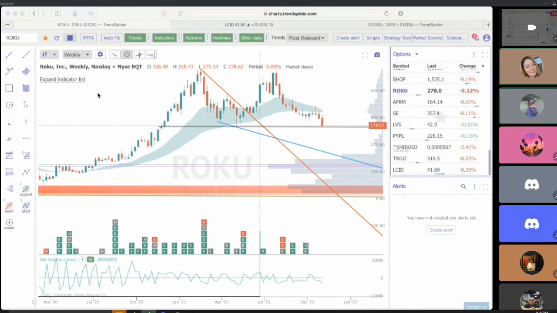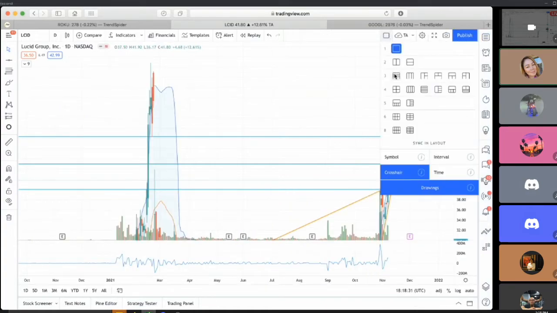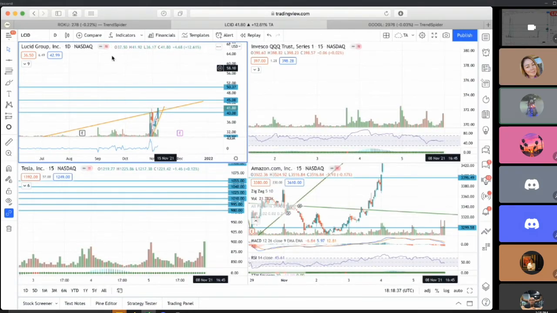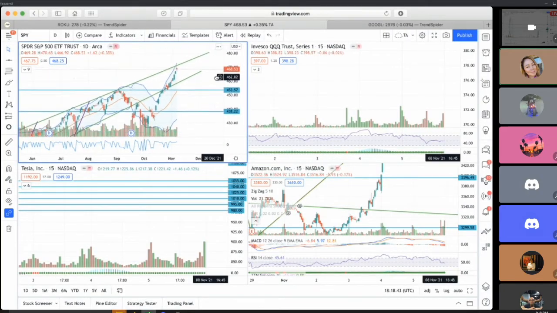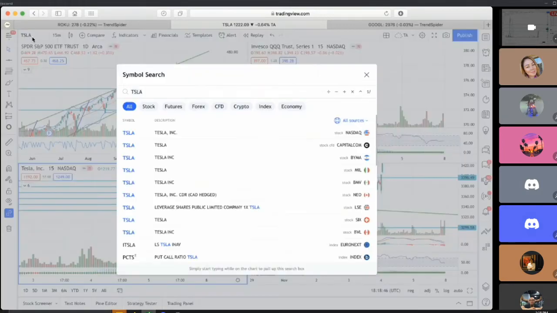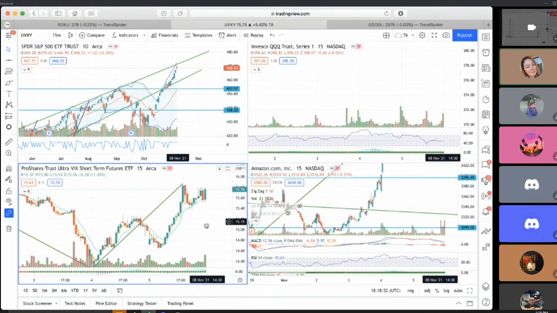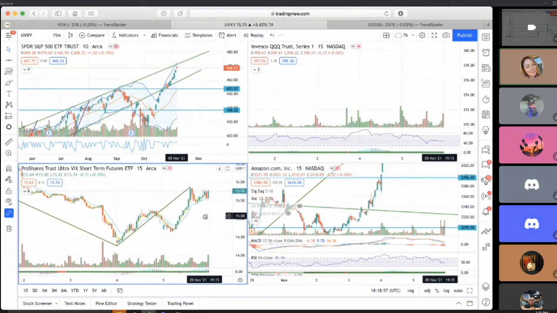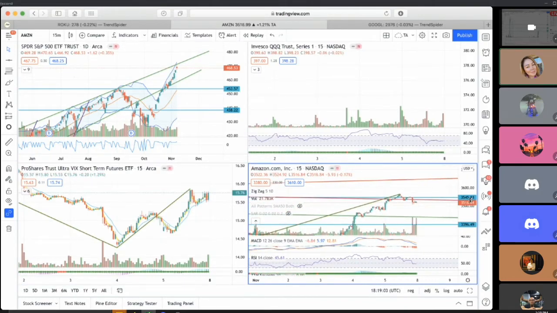Okay, yes. So start with SPY. I don't know if you guys can see, this is my chart, and I usually do 4 panels. I usually would have SPY here, the Qs, and UVXY. I always do them in 15 minutes, because that's where I'm trading swing trades, and then I'll go back into my other charts.